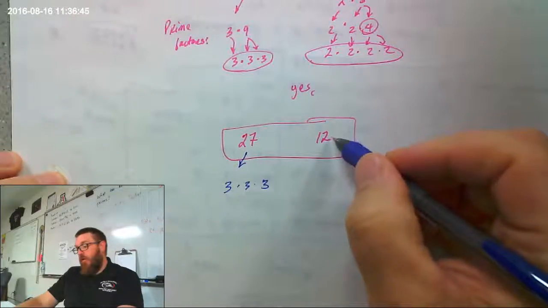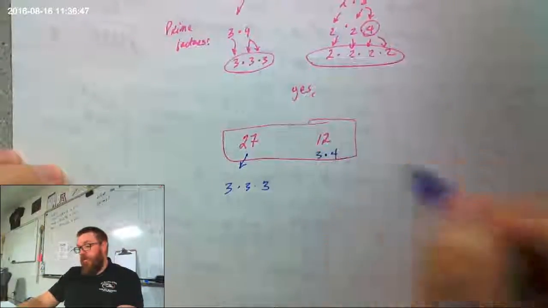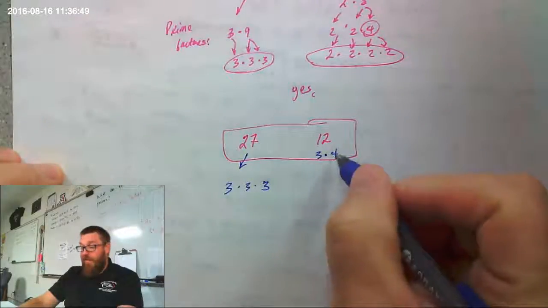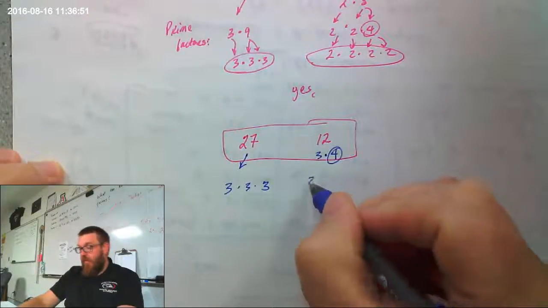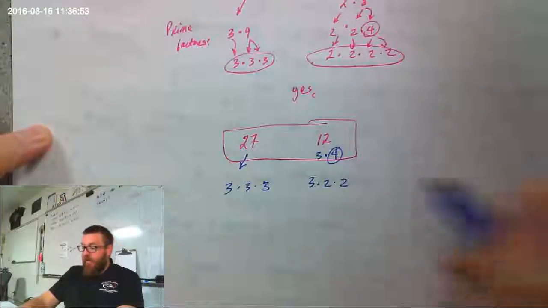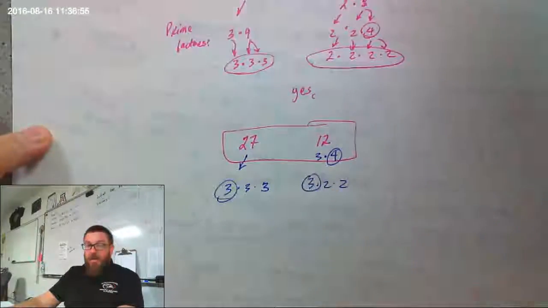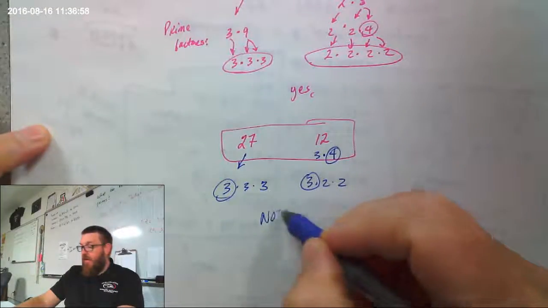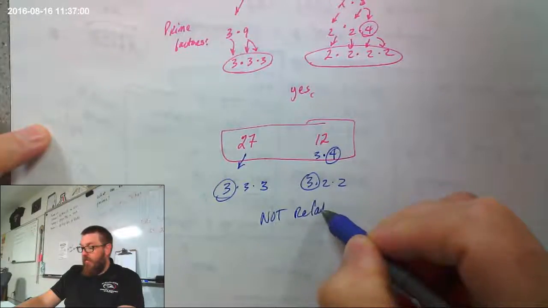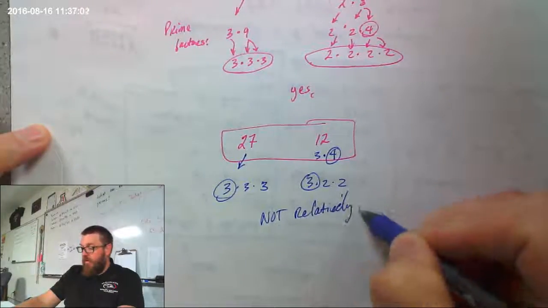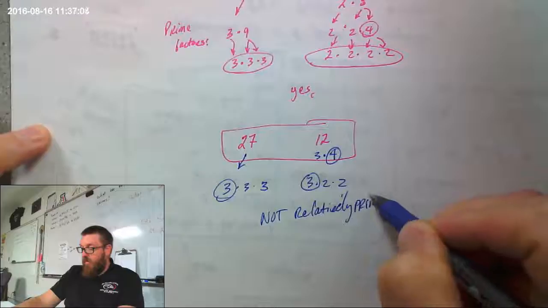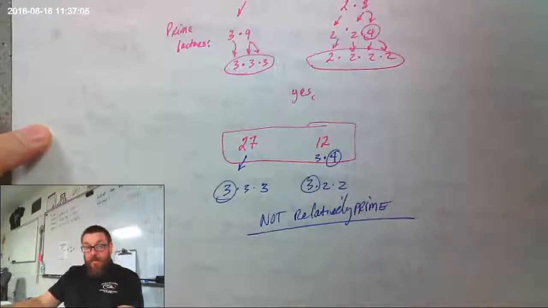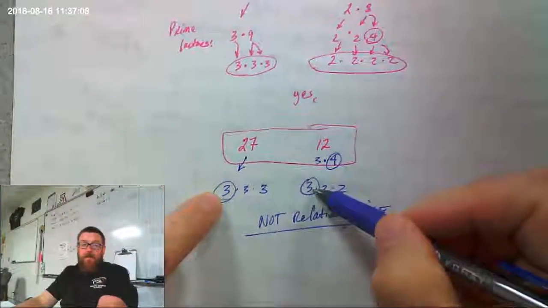Now, this is 3 times 4. I can actually stop. 4 is not prime. If I were to write it out, I guess it would be like this. But we can stop right here. Look, they have a common factor. So these are not relatively prime. They're not relatively prime because they share a common factor of 3.